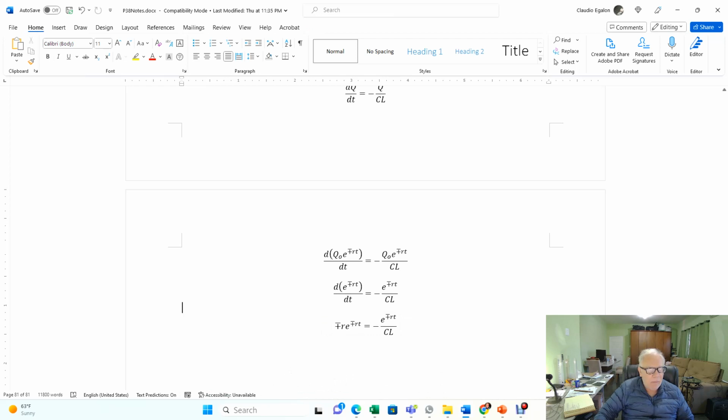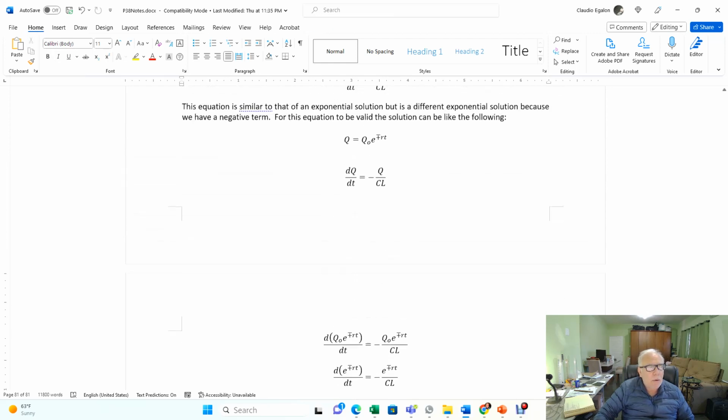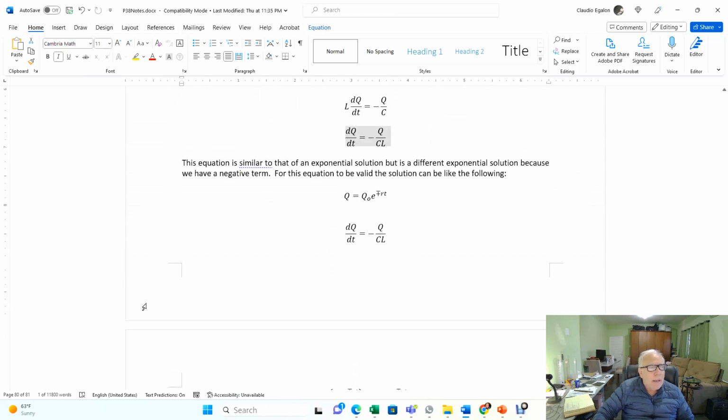Let us see if this equation has a solution or not, and if it has a solution, what would be the value of R? That's what I'm doing here. Like I said, this differential equation has a kind of solution that's very similar to that of the exponential. But let us see what type of exponential that is, right?